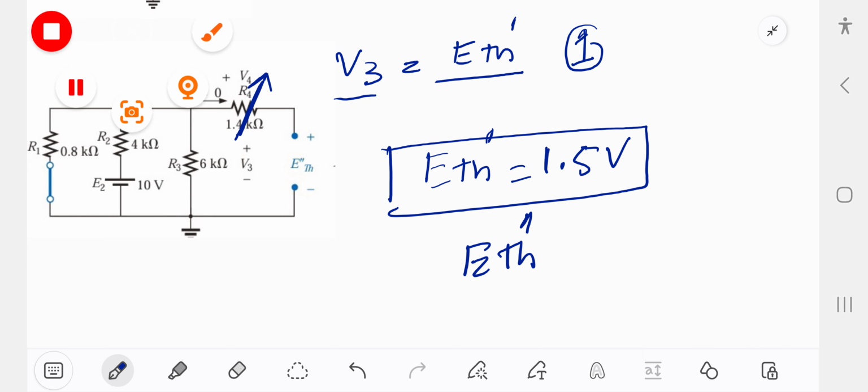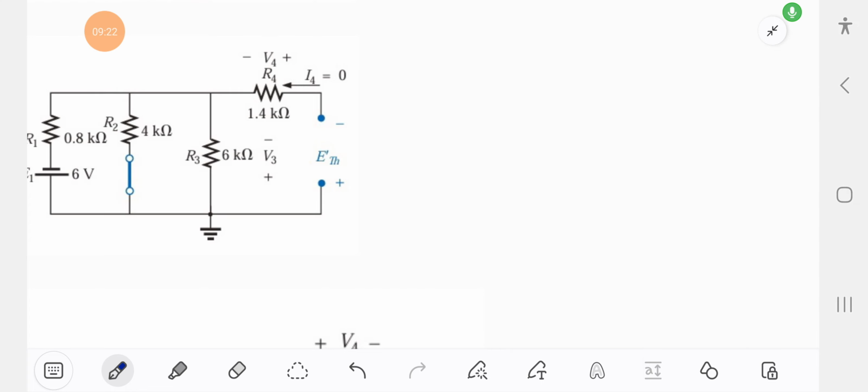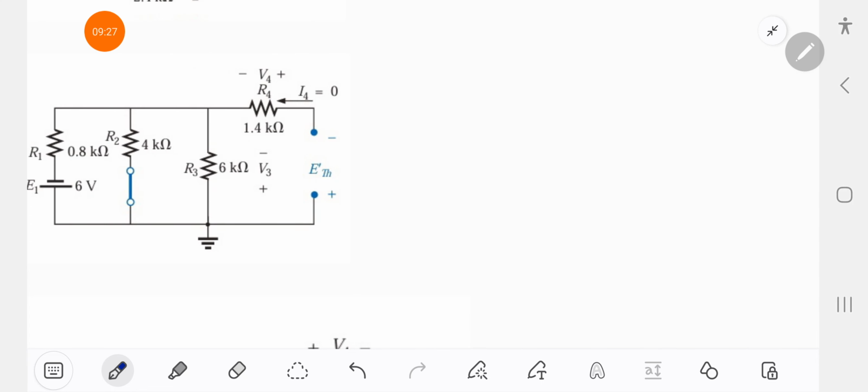So our circuit will look like this. Now we will find ETH double dash, which is actually equal to V3.